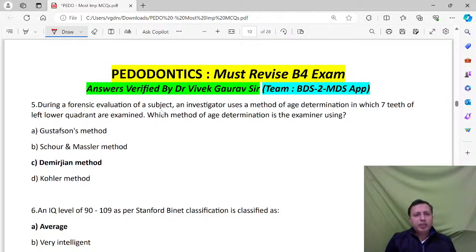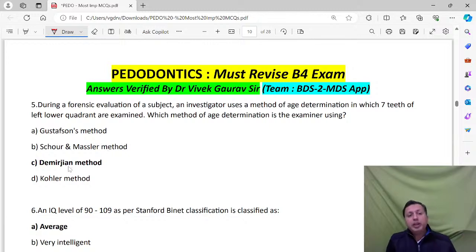Now, during a forensic evaluation of a subject, an investigator uses a method of age determination in which 7 teeth in the left lower quadrant are examined. Which method of age determination is the examiner using? There are different methods like Gustafsson method, Scour and Messler method, Demerjen method, and Kohler method. In the Gustafsson method, we use the ground sections of the teeth, whereas in the Scour and Messler method, we study not only the permanent but also the primary teeth.